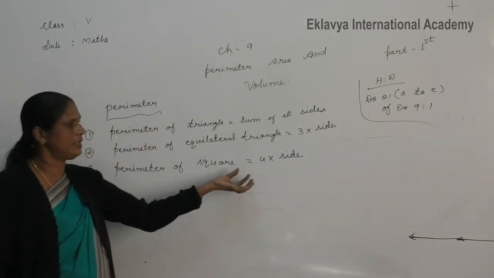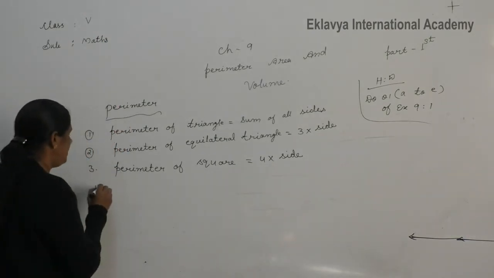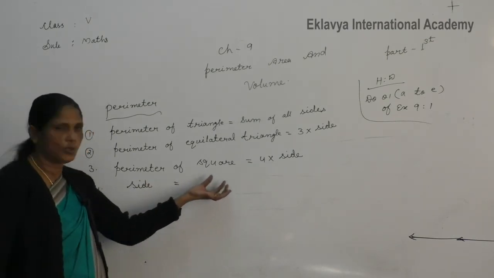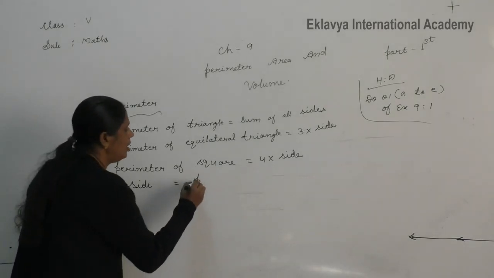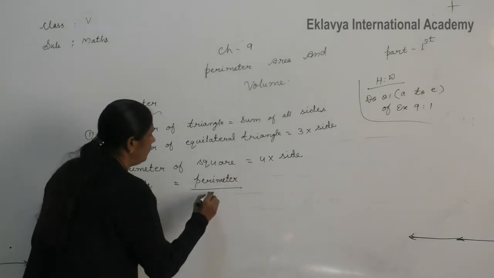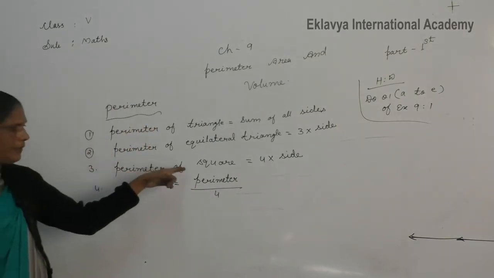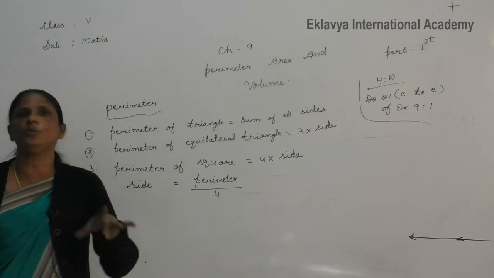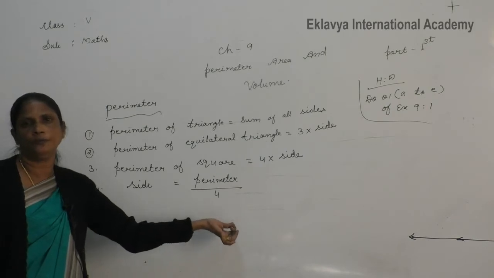When the perimeter of a square is given in the question and you have to find the side, side is equal to perimeter upon 4.